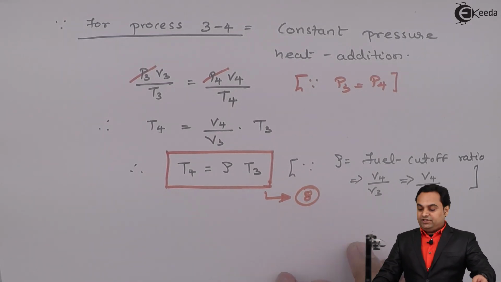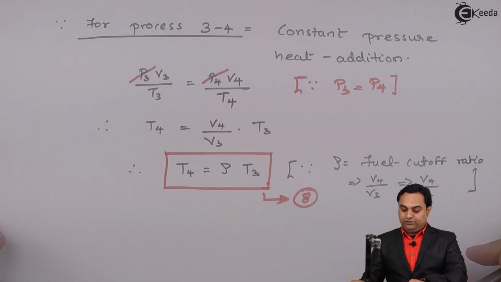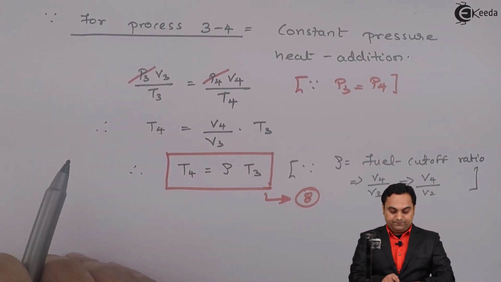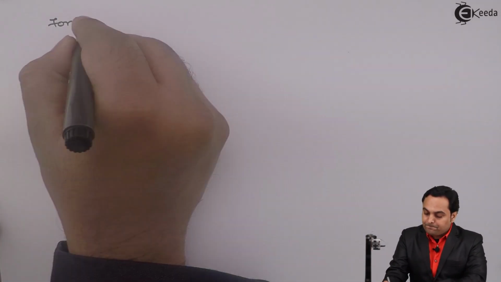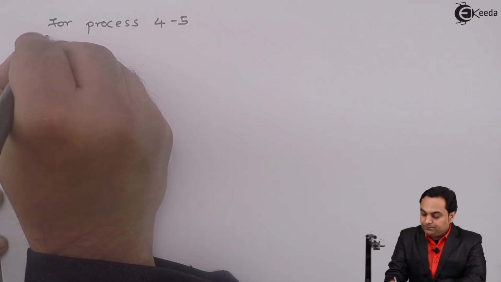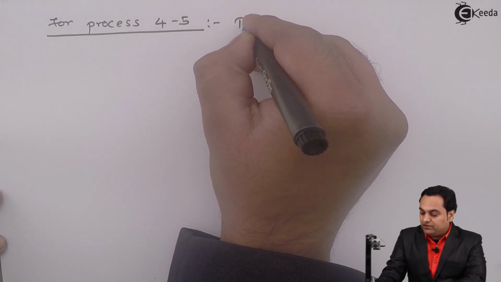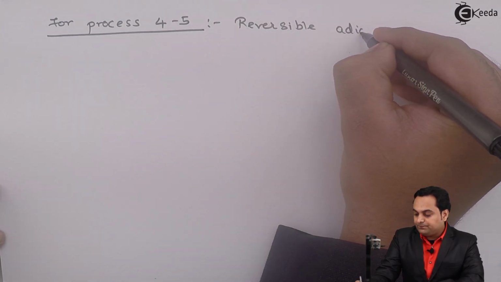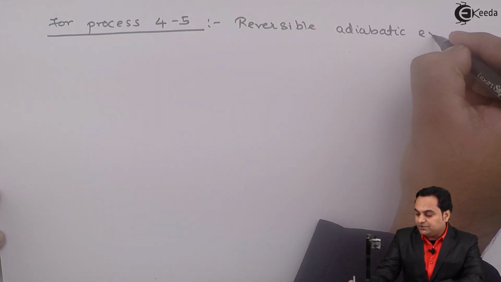Next, after reaching here, that is process 3 to 4, I'll go on for process 4 to 5. For process 4 to 5, which is reversible adiabatic expansion.